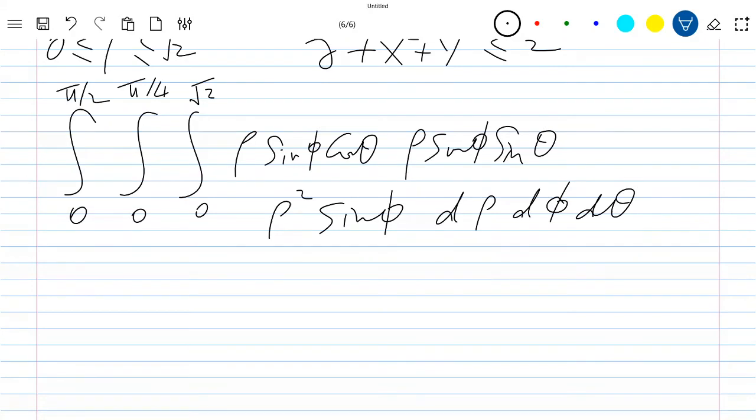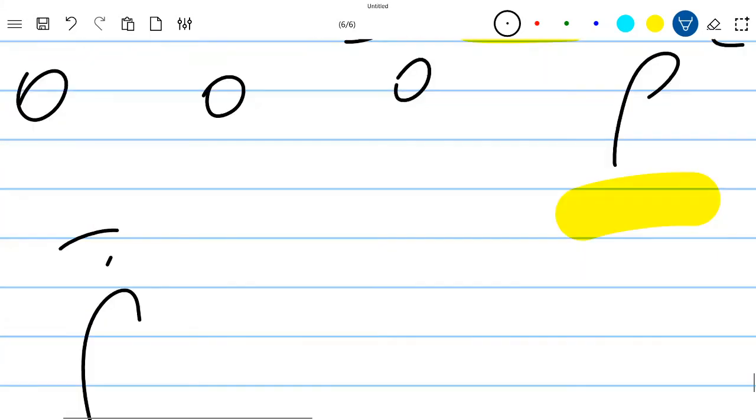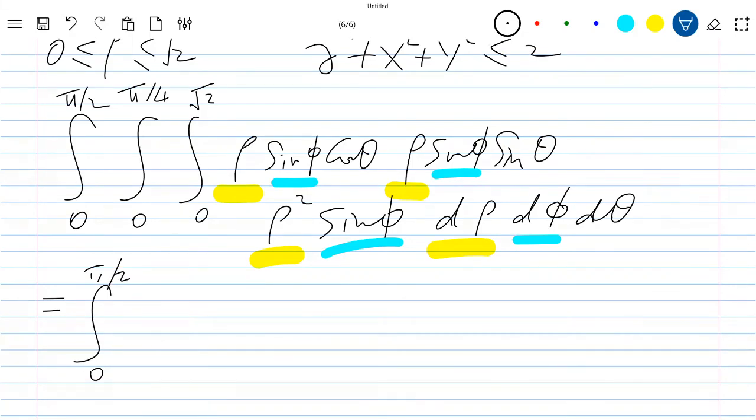Okay, so it's kind of long, but still it's separable, right? You can see the rho and phi, a lot of sine. So let's do the theta first. So it's cosine theta, sine theta, that's it.